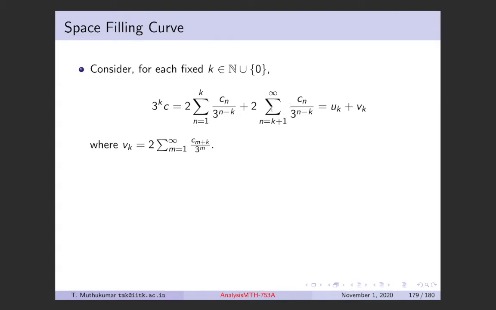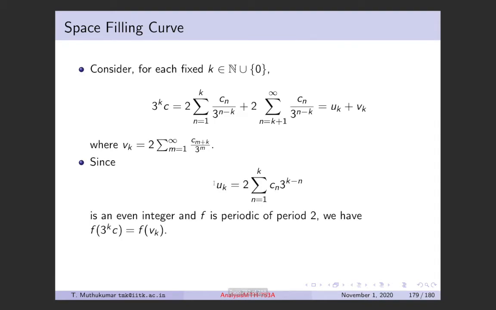Okay, so now look at uk. uk by definition is 2 times something. The exponent 3 to the power n minus k comes on the top, k minus 1, because in this sum, once you fix k, n is always less than k, so the exponent is positive.